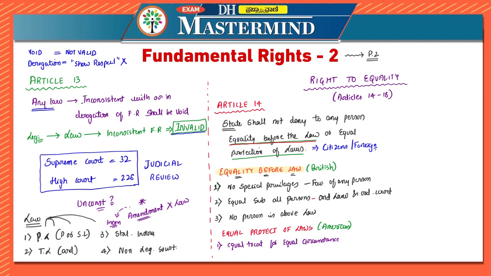So, if an individual has committed a crime similar to that of another person, then both of them are treated equally. Equality of treatment under equal circumstances. If there is an equal crime, they are treated equally only. So, both in the privileges conferred and liabilities imposed by the law. That is, whatever is the liability, we discussed the helmet example. Now, similar application of the same law.